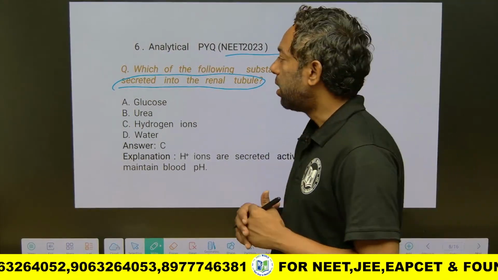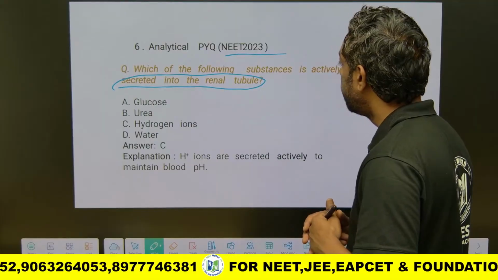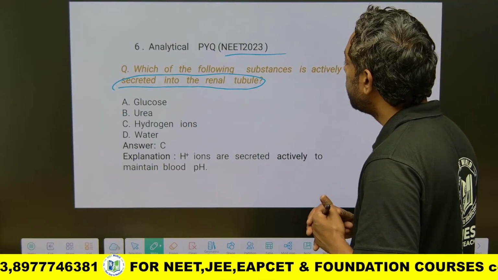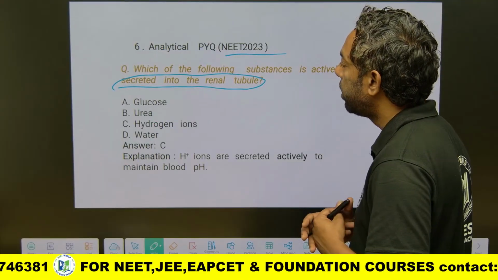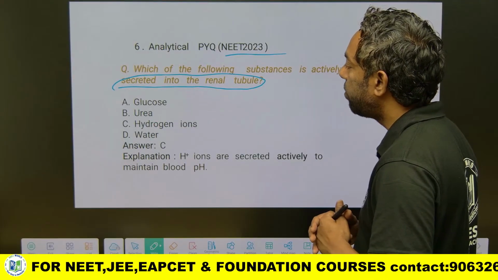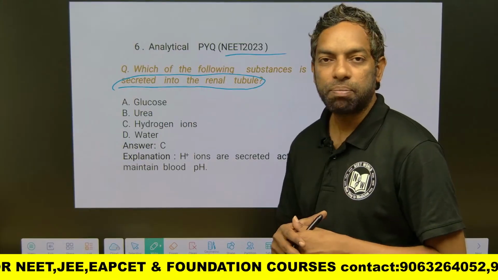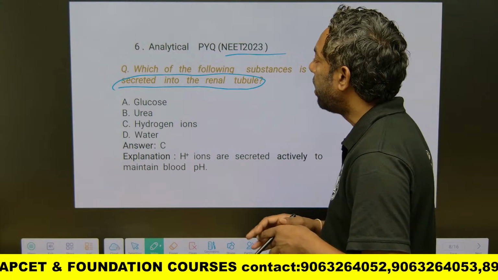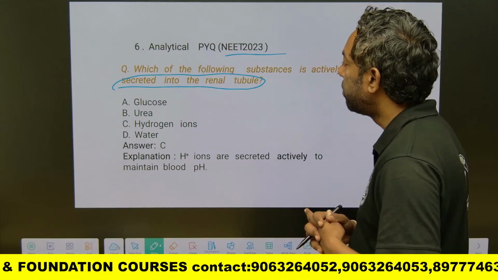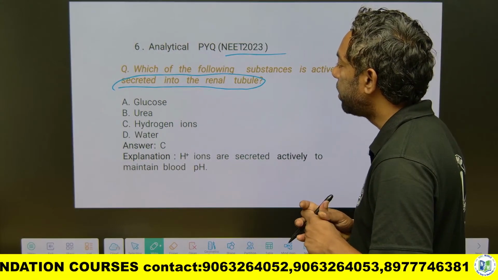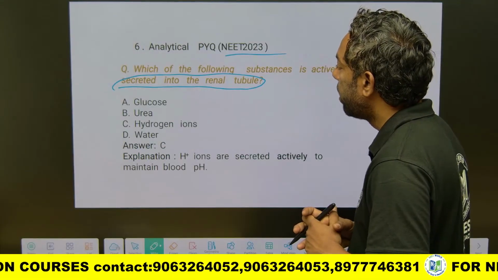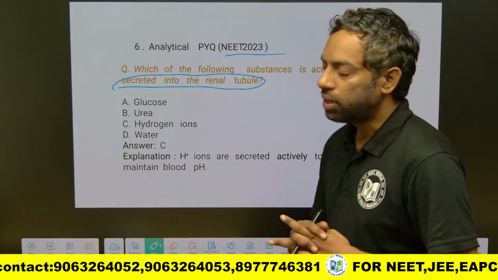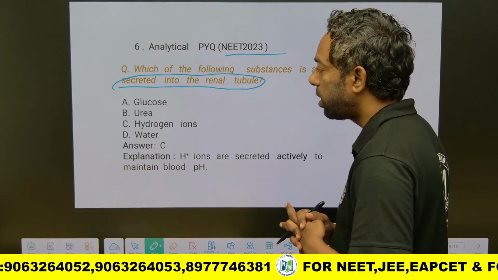Actively secretes and actively absorbs also. The options are glucose, urea, hydrogen ions and water. Water is permeable in the descending Henle loop passively, and glucose and urea can also be passively absorbed.